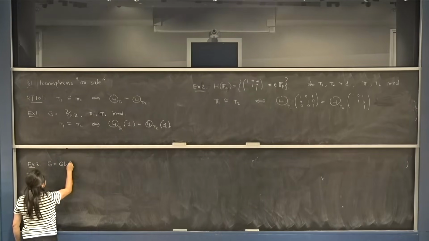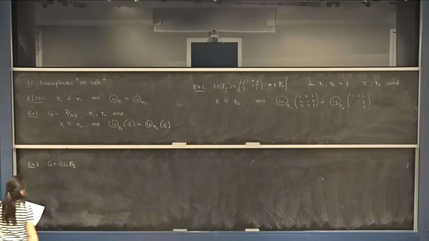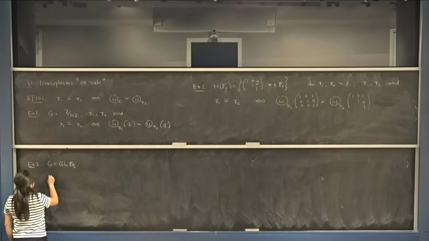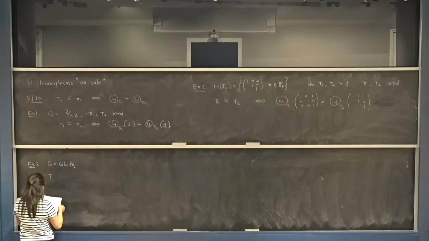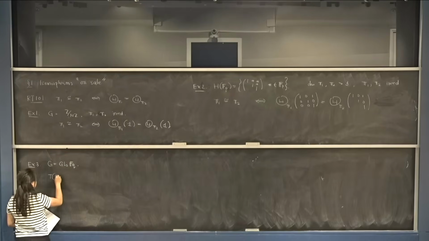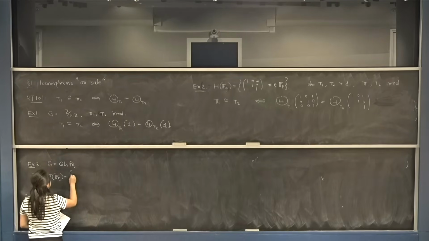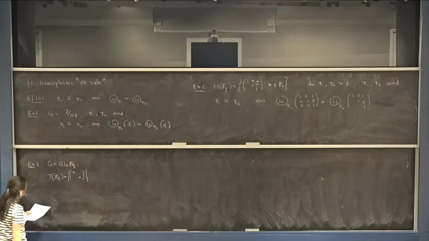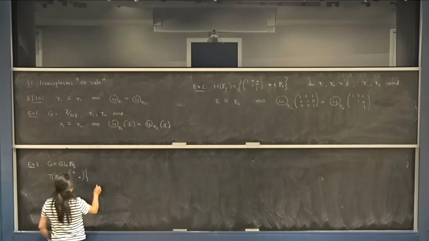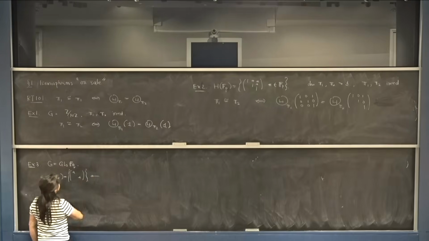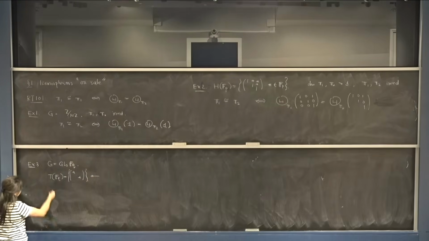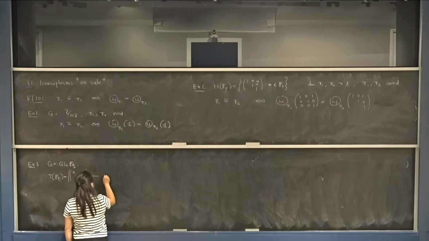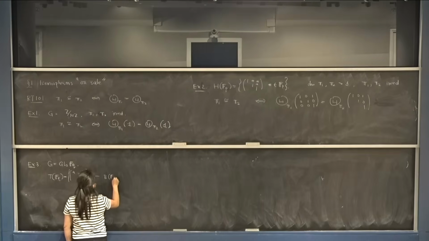OK, so the next one I want to do is GL2(FQ). A very particularly nice subgroup of GL2(FQ) is the set of diagonal matrices inside here. This group is good for representation theory.